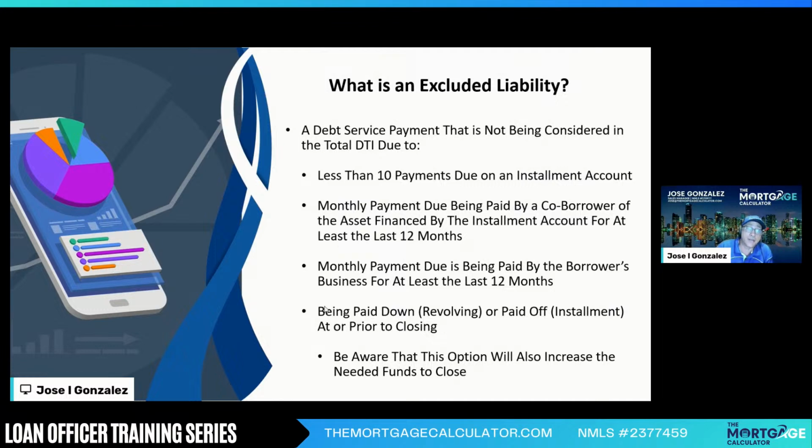And then also I did mention, which we're going to touch on later in the presentation, where we're excluding a judgment or a collection account due to different reasons, right? It could be that the AUS, automated underwriting, DU or LP, told you, hey, we underwrote this account.